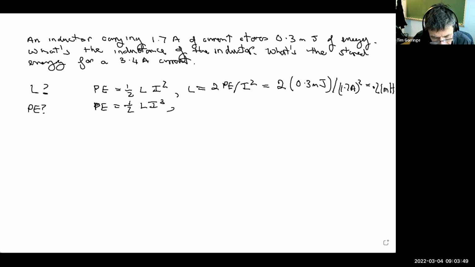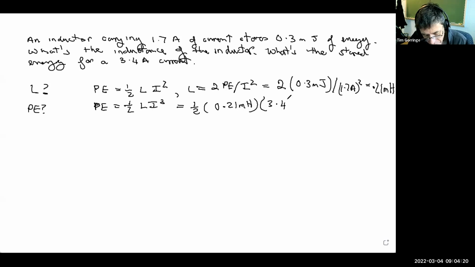In this particular case, we now know the inductance, we know the current. We're using this equation to calculate the energy, so we don't need to rearrange it here. All we've got to do is fill in the inductance that we just calculated, 0.21 millihenries, and multiply by the square of the new current.